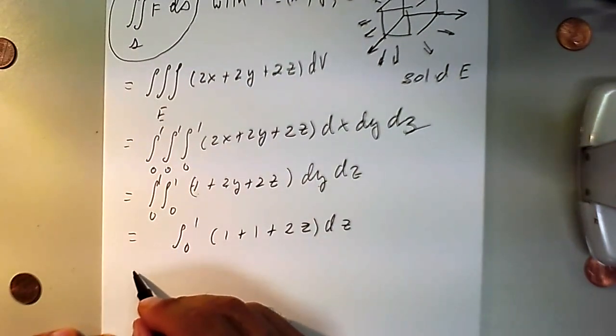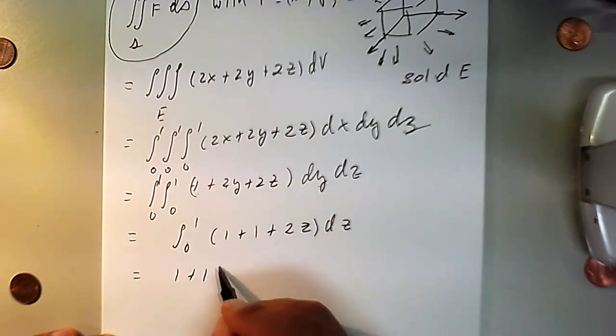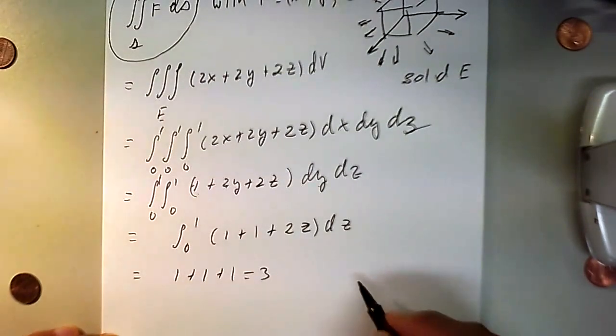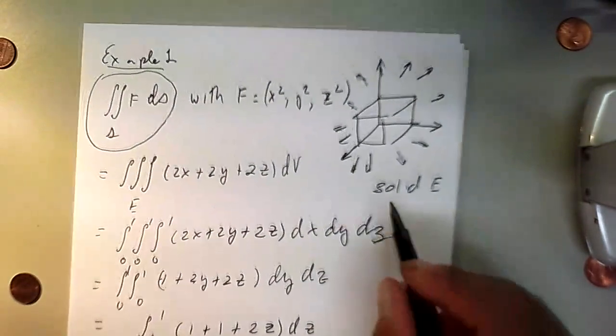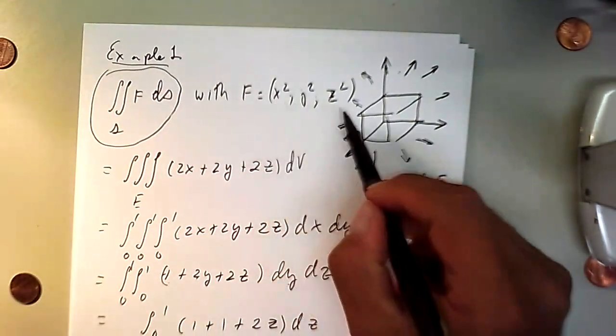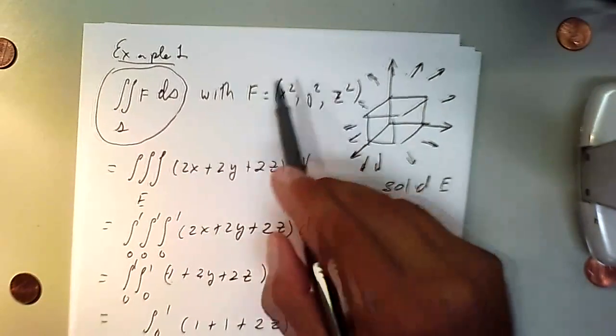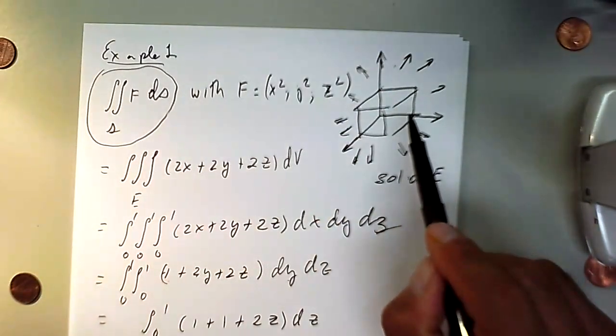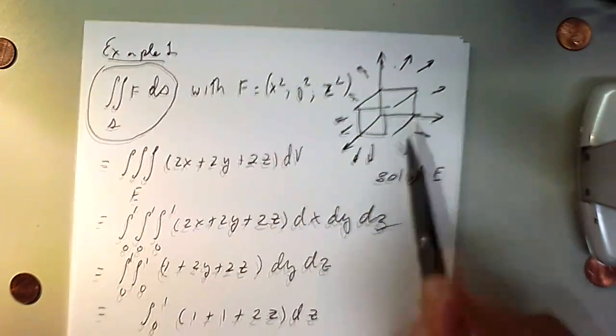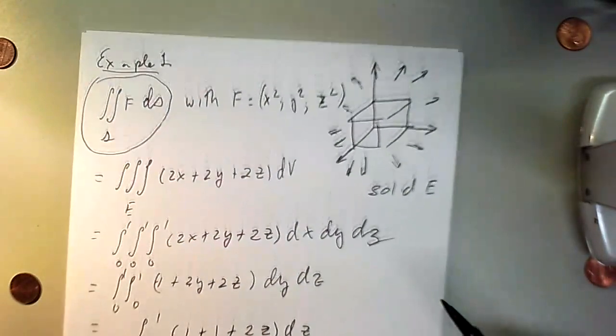And that's going to give us 1 plus 1 plus 1, which is 3. All right. So the surface integral of this vector field, the flux of this vector field across the whole unit cube, is going to be 3. There it is, 3.